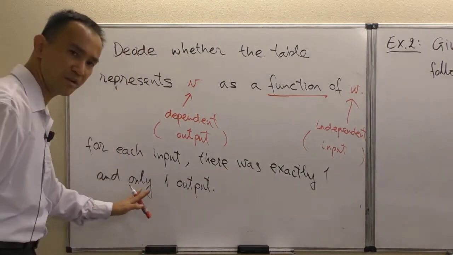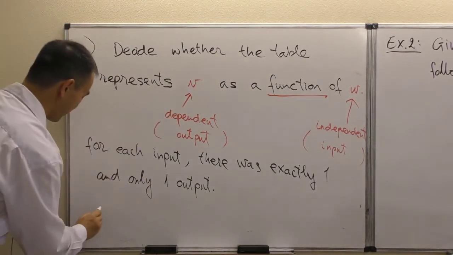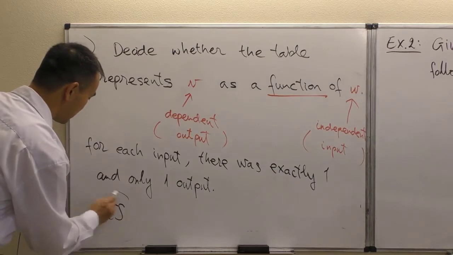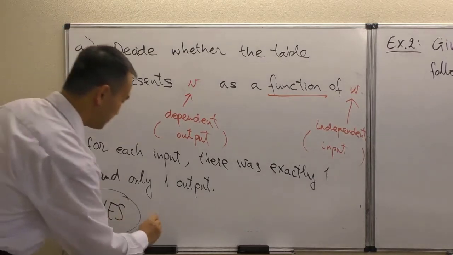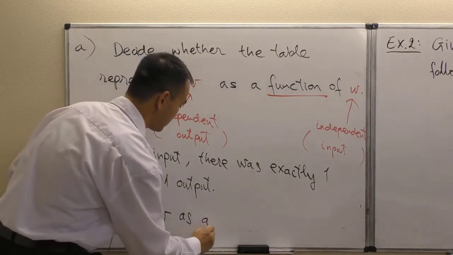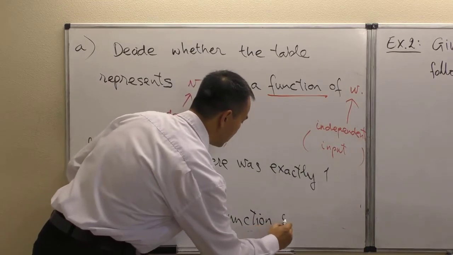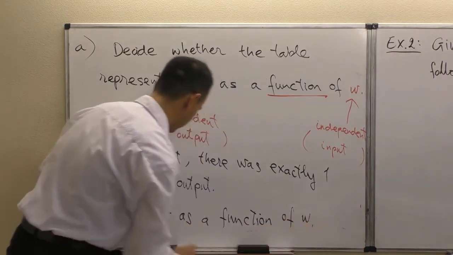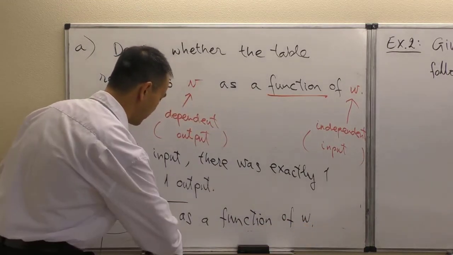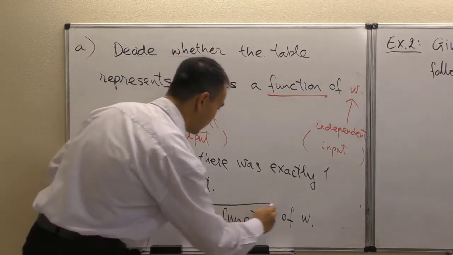So this requirement is checked. And so, yes, now I can see that this table represents V as a function of W. Or I should have said V is a function of W.